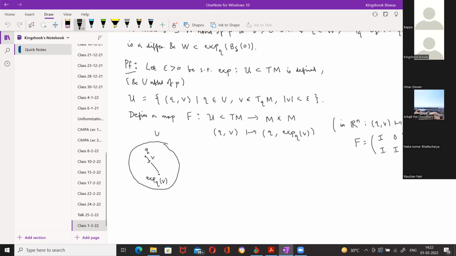So we want to calculate the derivative of this map at the origin in the tangent space at P. Let me write this as F1 of (Q, V), comma F2 of (Q, V).